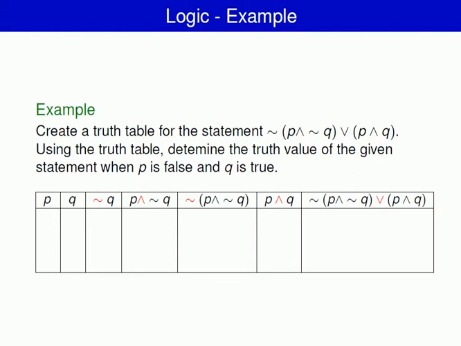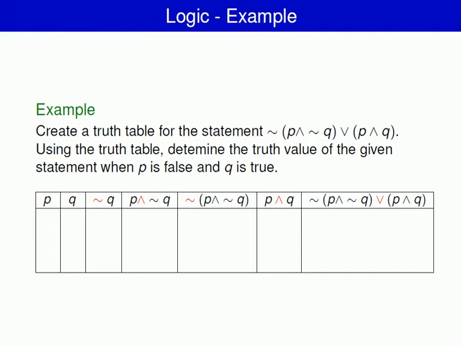The first few columns represent truth values for the simple statements the statement is made up of. In our case, P, Q. Part of the table is for us to step onto the compound statement we are creating. Negation of Q, P and not Q, negation of P and not Q, P and Q all are stepping stones to the statement we want the truth value for.